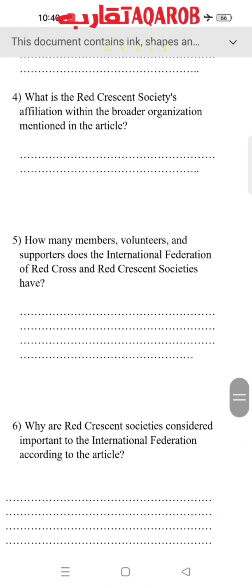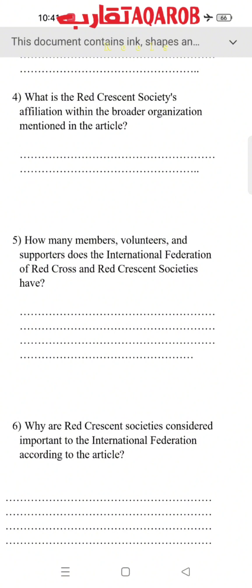Now, question number 4. What is the Red Crescent Society's affiliation with the broader organization mentioned in the article? The Red Crescent Society is part of the International Federation of Red Cross and Red Crescent Societies.